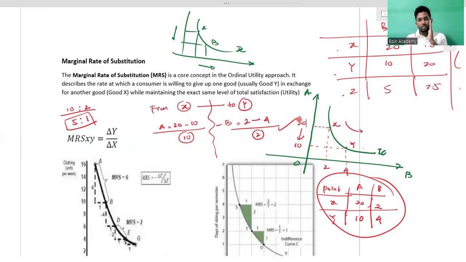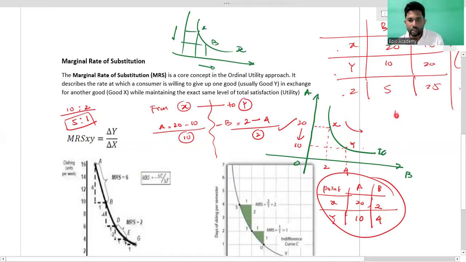So, as a question, if I am going to consume 6 units of B commodity, then what happened to the consumption of A? How much?